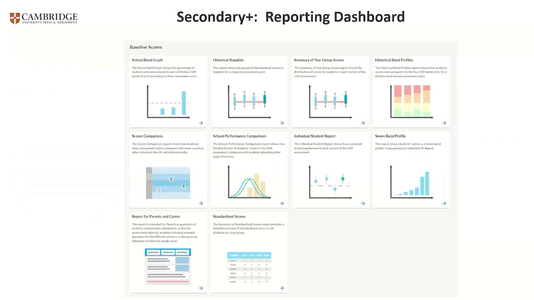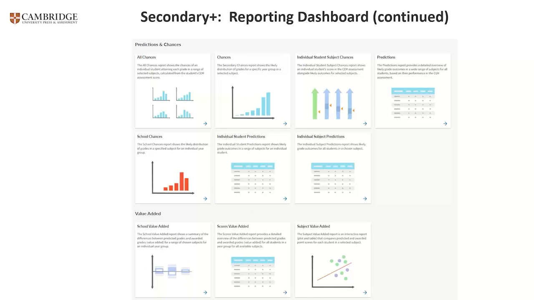Moving on to the next slide, I think that shows we've got a wealth of, as well as the predictions, and I'm going to come back to the prediction thing in a moment, scores for individual students and for groups of students, and how your students have performed in relation to others.